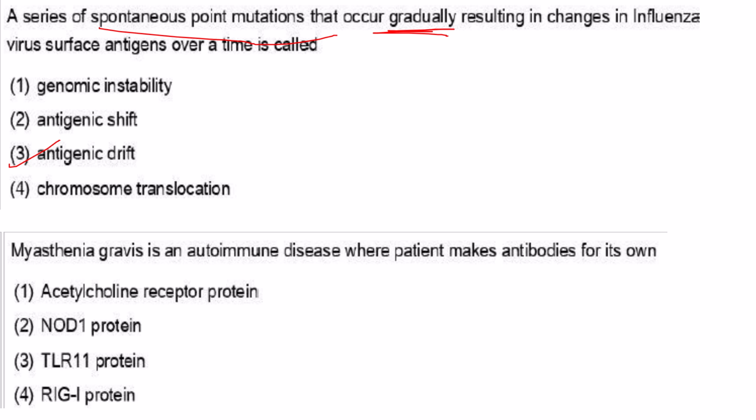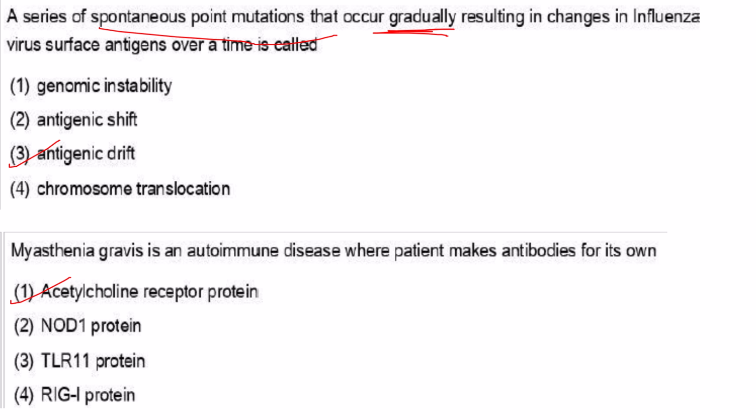Then next one, myasthenia gravis is an autoimmune disease where the patient makes antibodies against its own acetylcholine receptor protein, which is found at the neuromuscular junction. Disrupting the acetylcholine receptor will disrupt transmission of nerve impulses to muscles, resulting in muscle weakness, fatigue, etc. Then NOD1 protein is involved in the recognition of bacterial peptidoglycan and thereby activates the immune response.